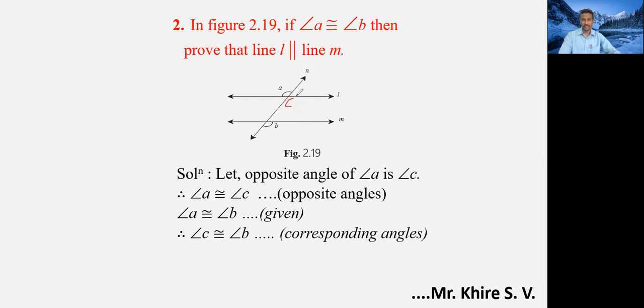This is the angle C. C and B are corresponding angles, and corresponding angles are always congruent. Therefore, we can say that if corresponding angles are congruent, it means line L is parallel to line M. Got it, all of you?